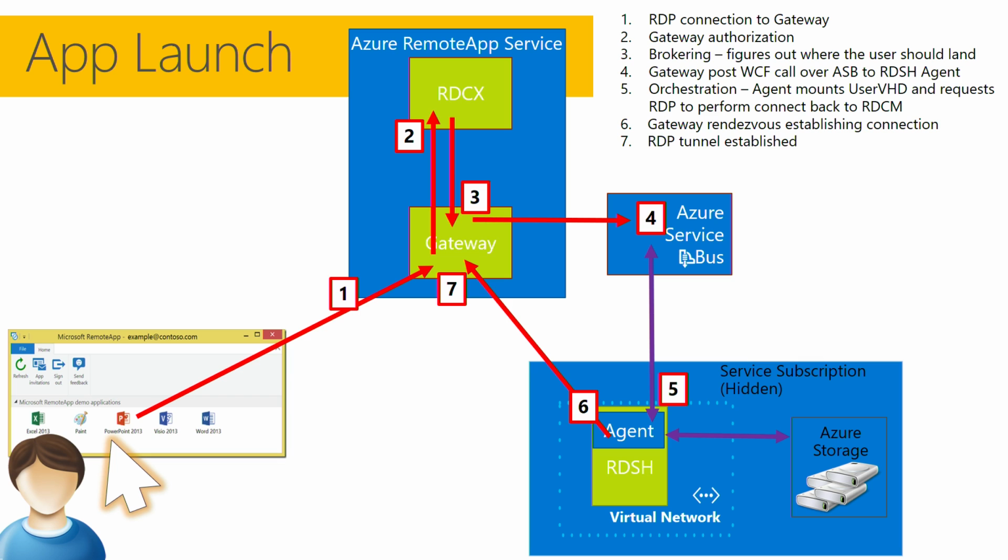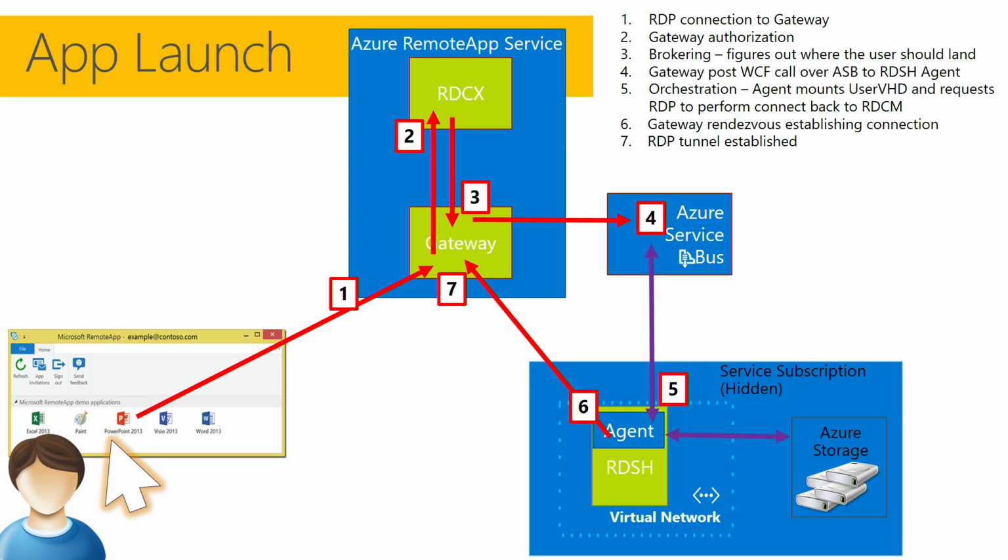The gateway will then talk to the Azure RemoteApp service, basically asking, hey, does this user have proper access in order to do that? The service will tell the gateway yes or no. In this case, it says yes. And then the gateway will put a message on Azure Service Bus. And then down here is the actual RDSH.